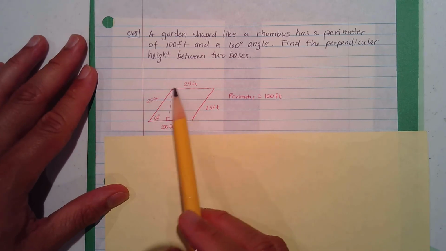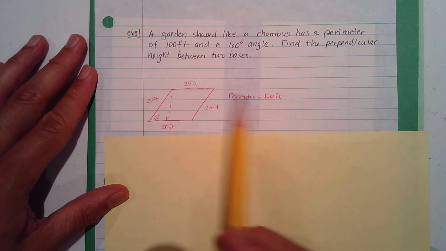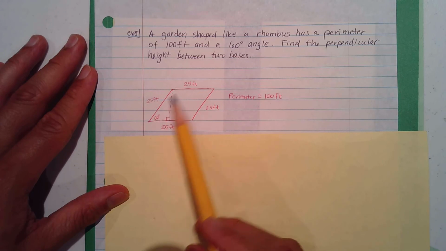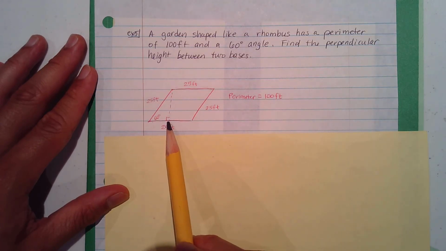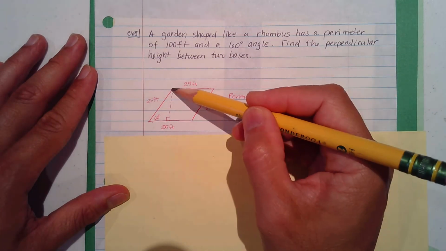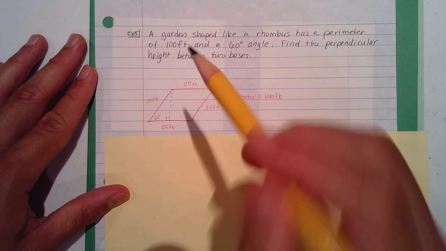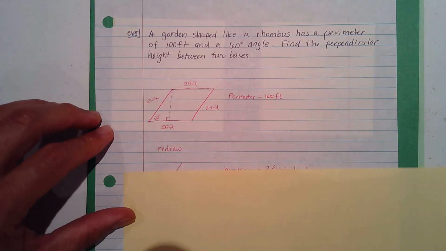So if we're finding the side of the rhombus, it's just 100 divided by 4 because all sides are equal in a rhombus. So now we have this picture. Here's our 60-degree angle. Here's a 90-degree angle because when we drop a distance from the vertex to the base, it creates an altitude. So now let's redraw this triangle.